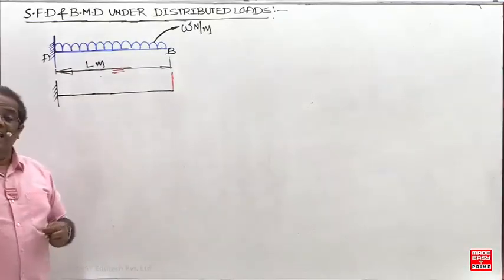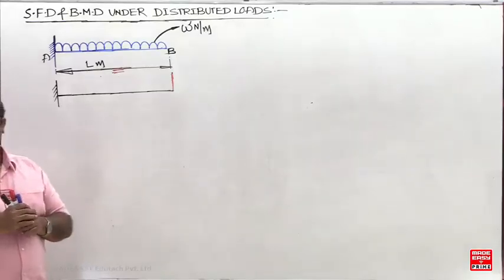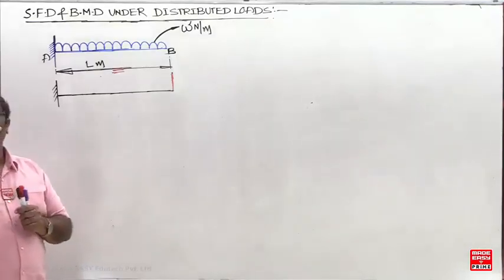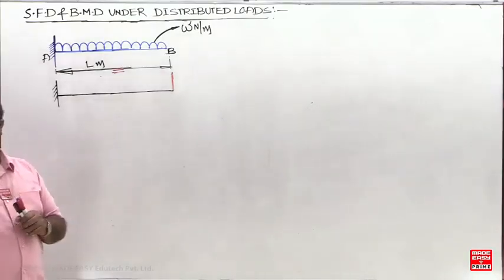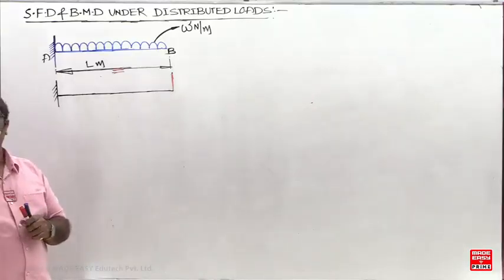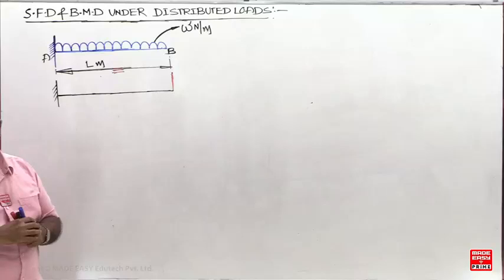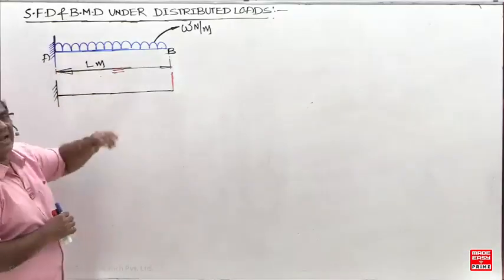At each and every meter the intensity is 100 upon 5, that is 20 kilonewtons per meter. That's why a UDL is a rectangle.